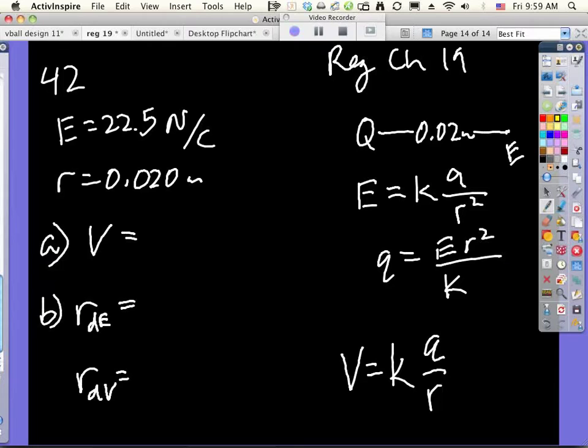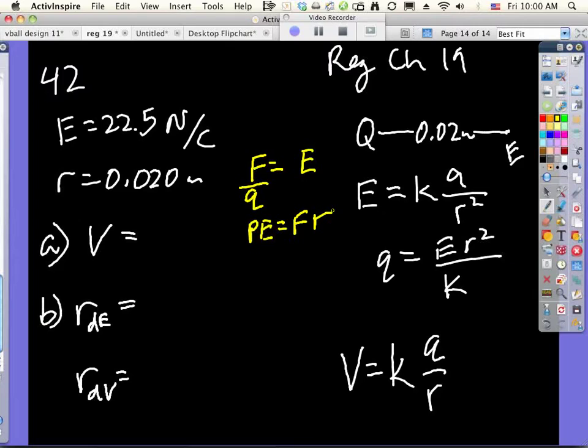Now if you wanted to play the tricky algebra game, what you hopefully can remember are some of these weird combinations. For example, E is F divided by q, and then potential energy is F times r, and then electric potential is E times r.